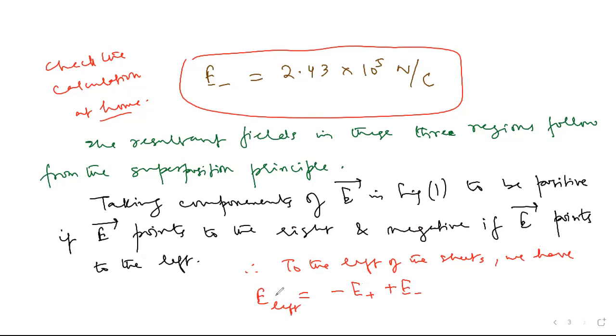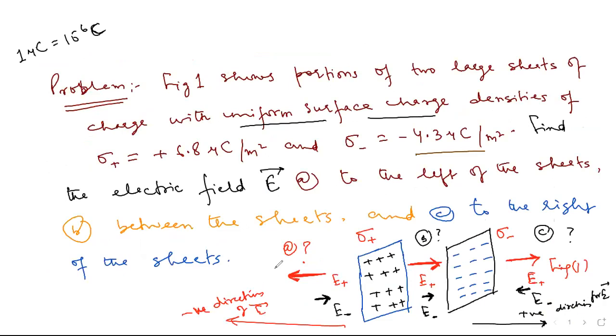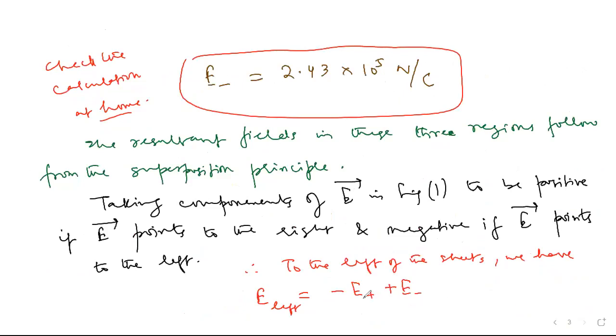Understand this. To the left of the sheets, we have two fields. E plus is pointing in negative direction and E minus in positive direction. So we take those signs into consideration when we add them. So we have taken E plus as minus and E minus as plus in the sum, making use of superposition principle.